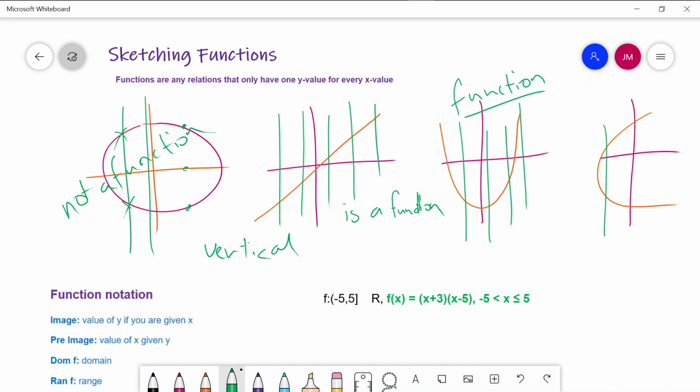And if it crosses it more than once, over here it crosses it 0 times, but there it crosses it twice, so that is not a function. So for a relation, all of these graphs here, for them to become a function, they have to pass the vertical line test. Now you can restrict the domain to turn a relation into a function, but we'll look at that a little bit later in the topic.